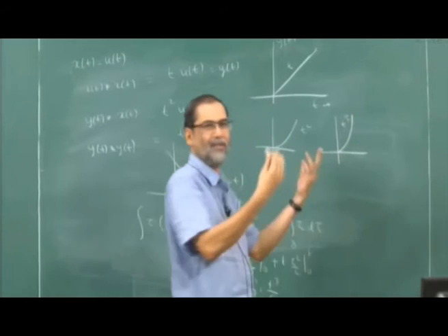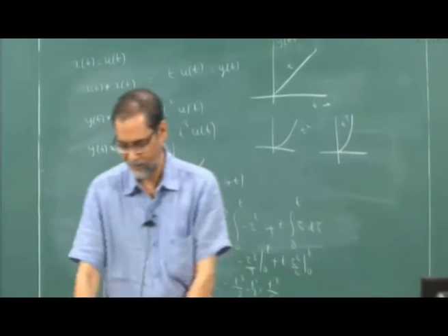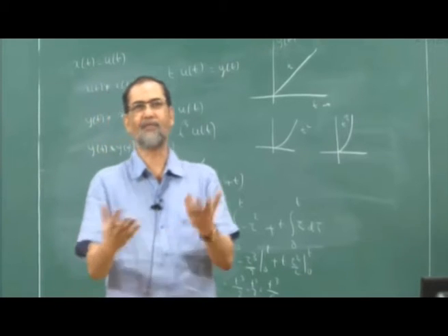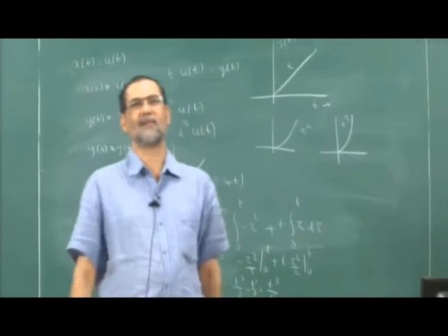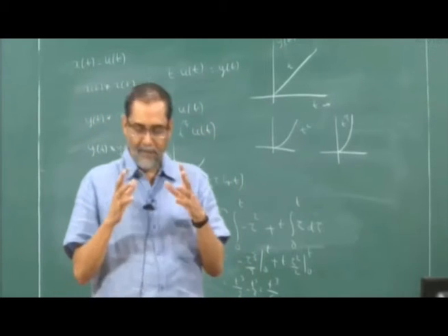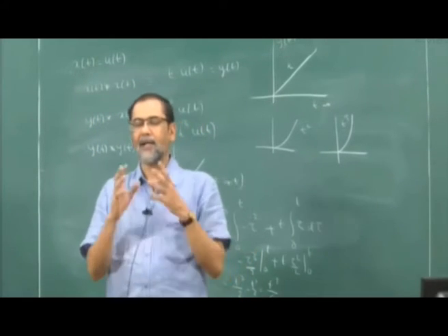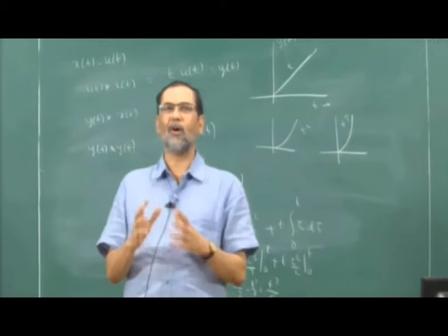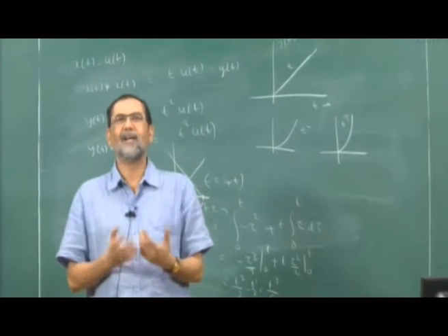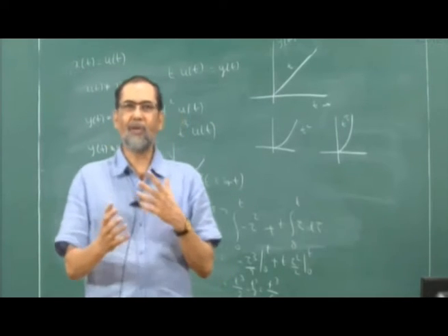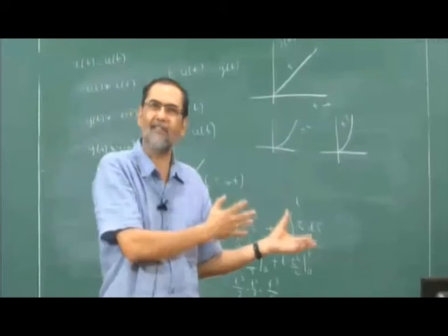We can go on doing this. It's nice for those people who are interested in maths. But remember, we are talking about physical systems here. And please remember that impulse and u of t and complex exponential and all, these are the signals we have defined to make our life easier. We use them to represent some physical fact.